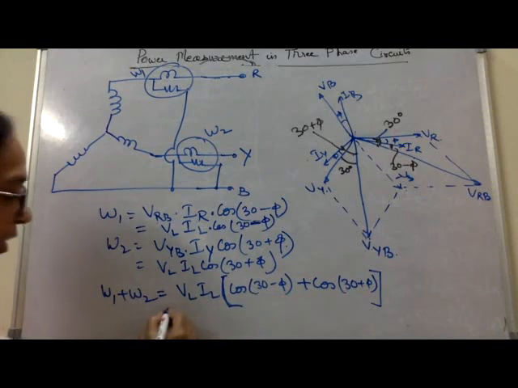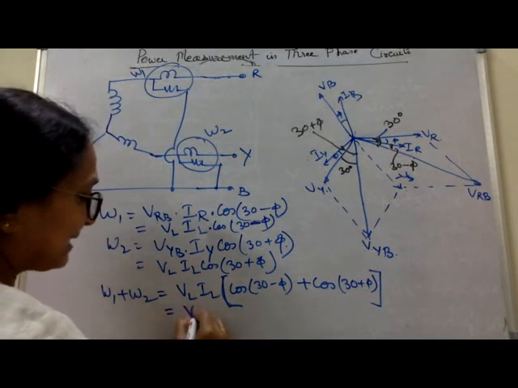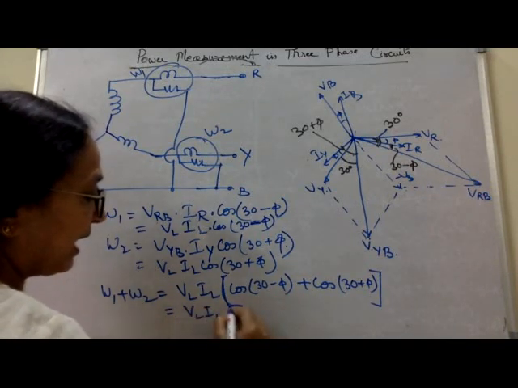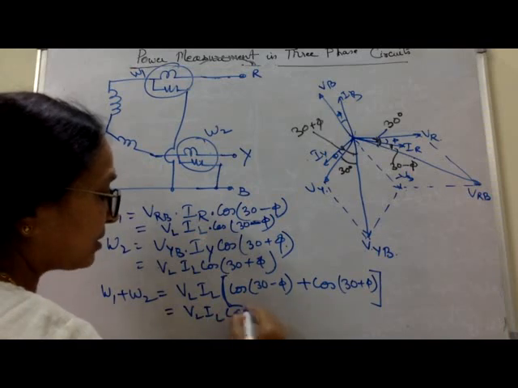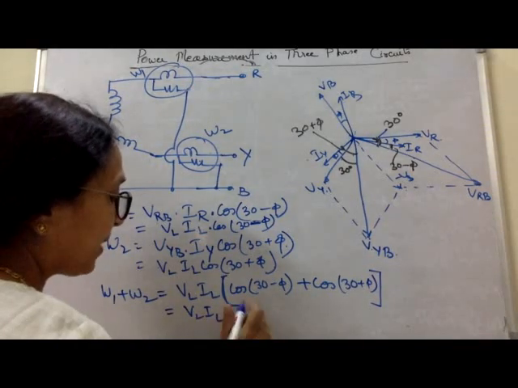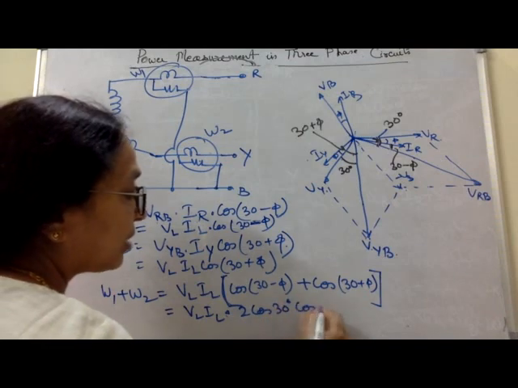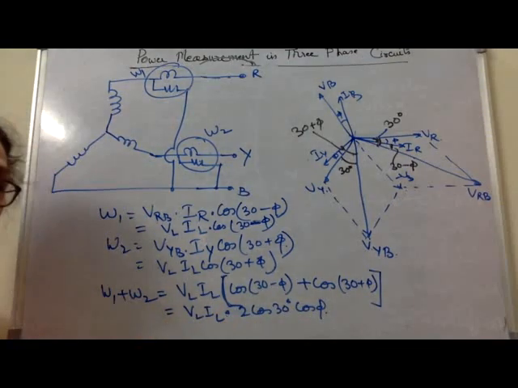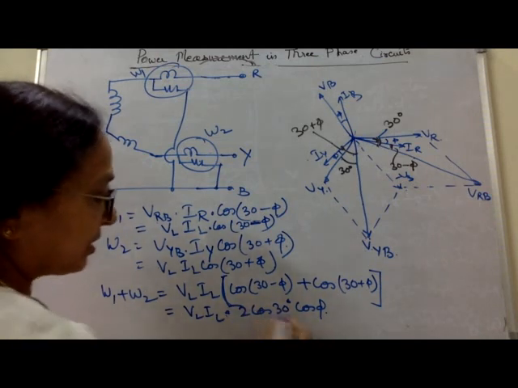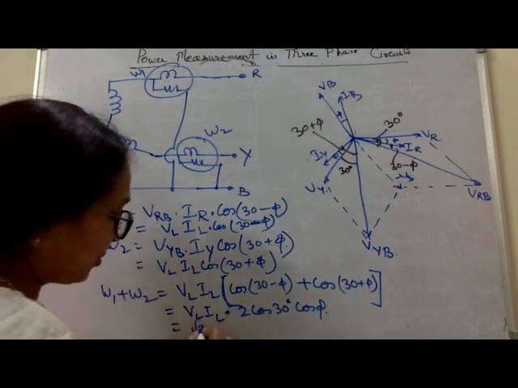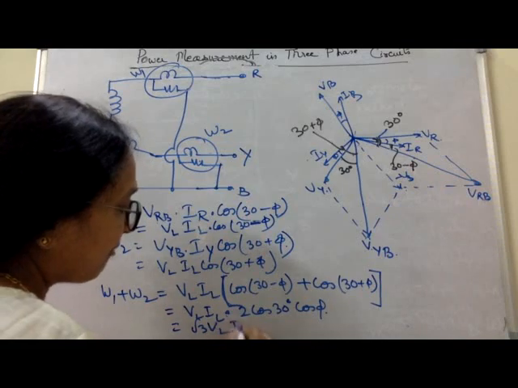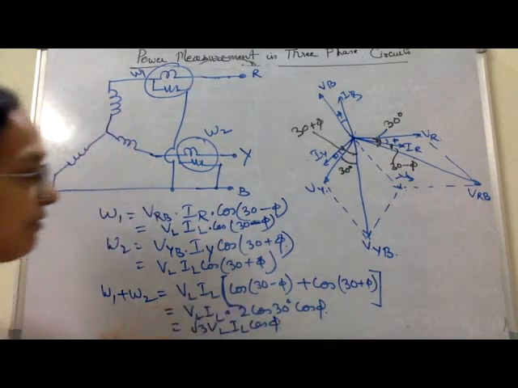When you expand the two, you will get VL IL into 2 cos 30 degree cos phi. Cos 30 is root 3 by 2. So this will be equal to root 3 VL IL cos phi.